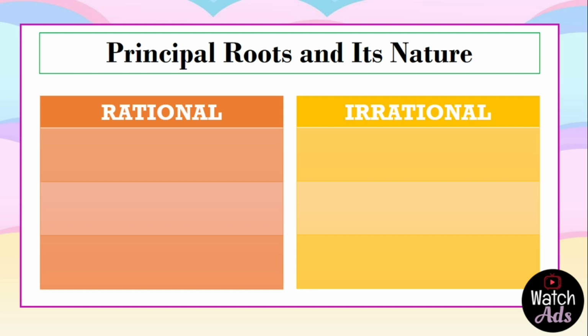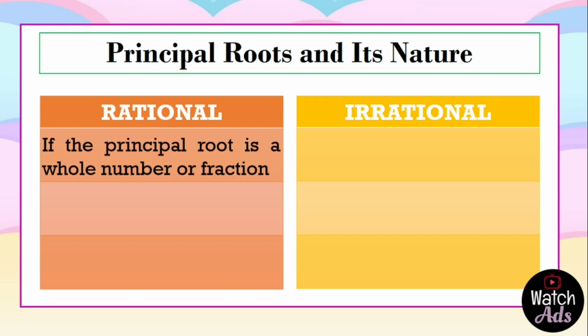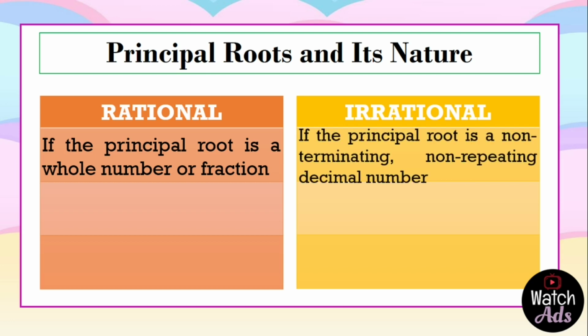How can we identify if the given radical is a rational number? First, is the principal root a whole number or fraction? If your answer is yes, then it is rational. For irrational, the principal root is a non-terminating, non-repeating decimal number.